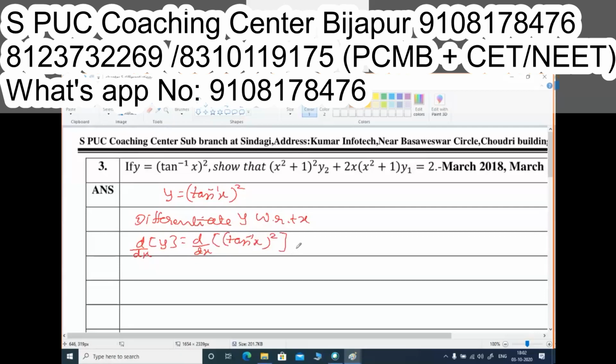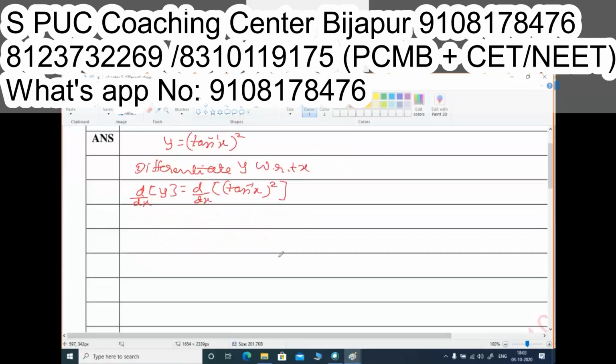Which is equal to, if you differentiate that one, you are going to get dy by dx. Who would like to tell the differentiation of this tan inverse x bracket square? That is 2 times tan inverse x into, who would like to tell, tan inverse x differentiation is what? Sanket. Divided by 1 plus x square.